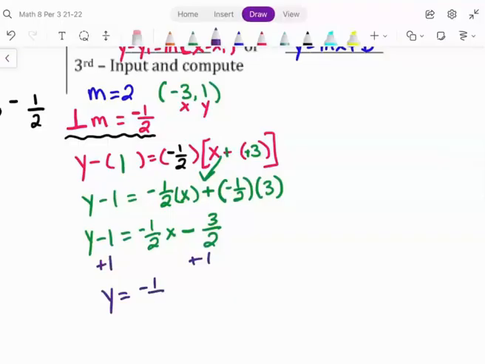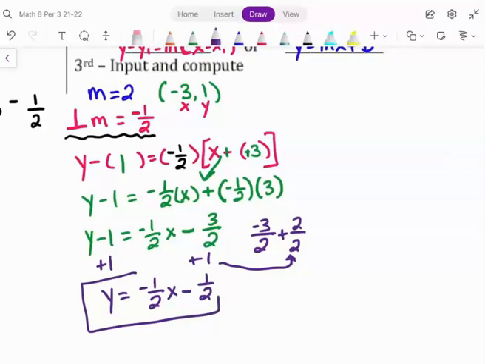Y equals negative 1/2 x. You've got negative 3/2 plus 2 over 2. The 1 over 1, or the 1, is 2 over 2. So now I have negative 1/2. Okay, that's your point slope.